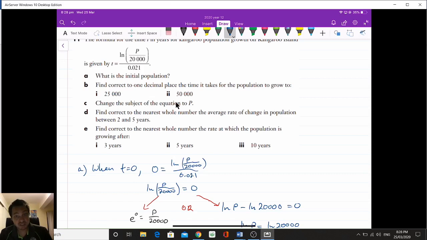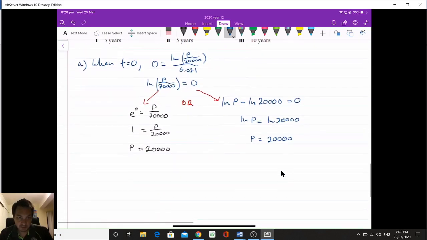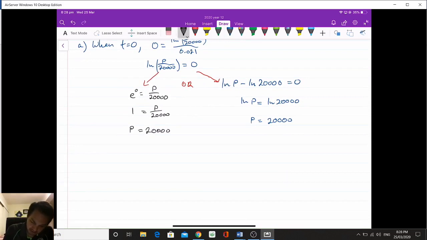C, change the subject of the equation to p. I'll write this down the other way. So this is b.